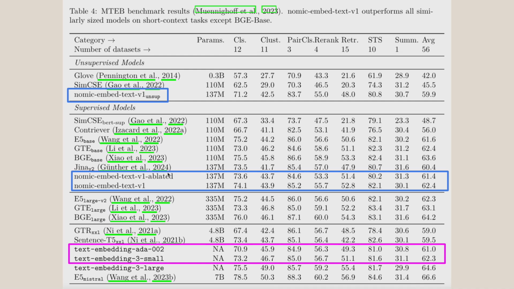And then we have this ablated model, which had removed some of the datasets, and even though those datasets are removed, the performance does not drop that much.